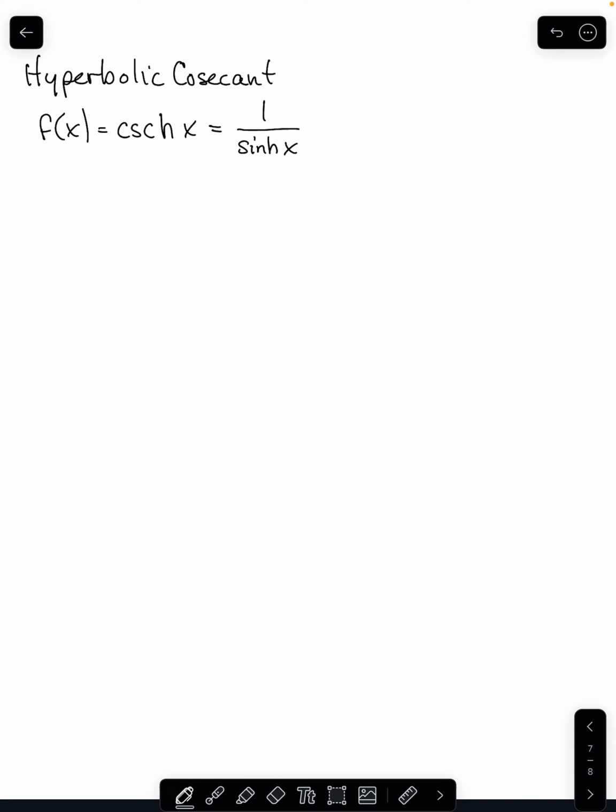Now, we do have to be careful here. Once again, I'm going to sketch the graph of hyperbolic sine to help us out. Hyperbolic sine had a similar shape to a cubic graph.